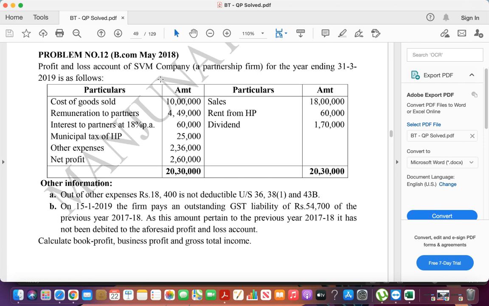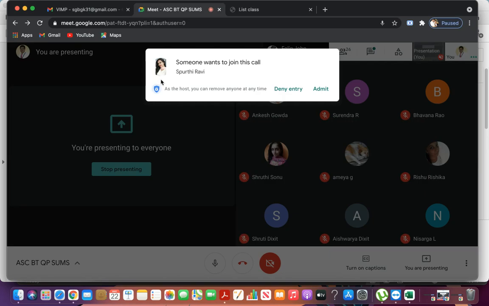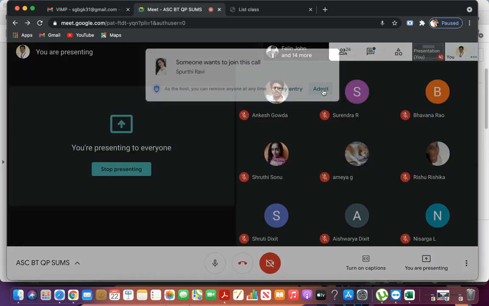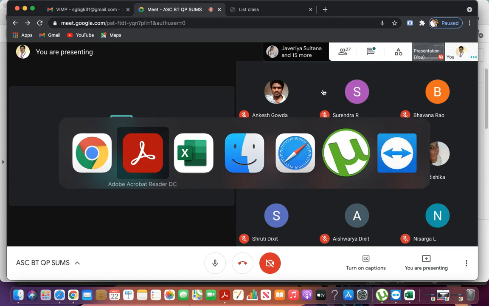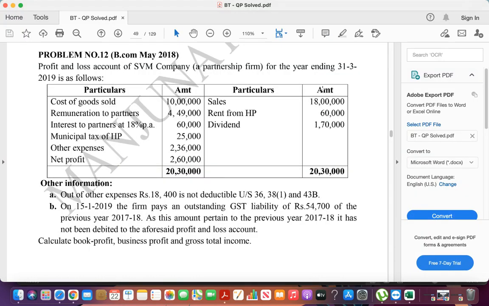Next, other expenses, 2 lakhs 36,000. Net profit, 2 lakhs 60,000.